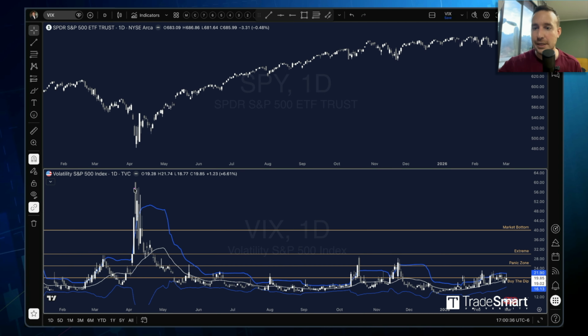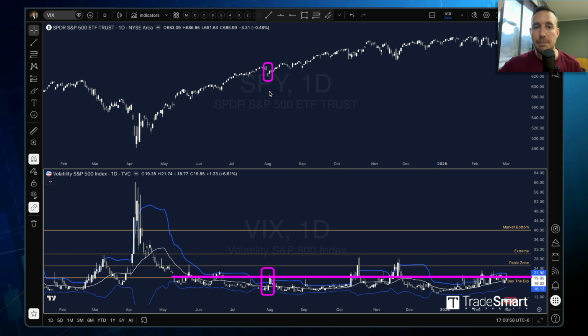Then, as the VIX started to calm back down and return back to some normal levels, that's where we started to see the market begin to put in a bottom and start to recover from there. So the levels that I have marked out here, 20 being our buy the dip level, is for when we see some short-term spikes to that level.